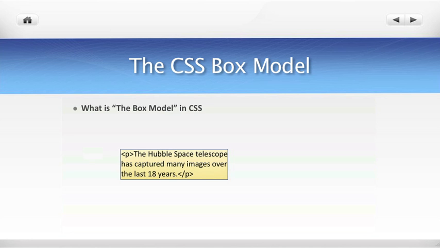Now there are three things that we're going to focus on when it comes to manipulating content in this box model concept. We're going to focus on padding, border, and margin. What are those?